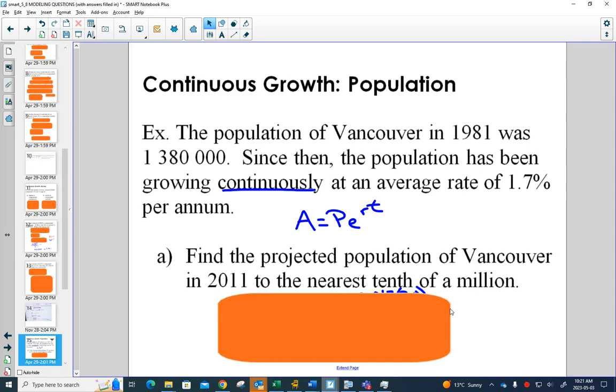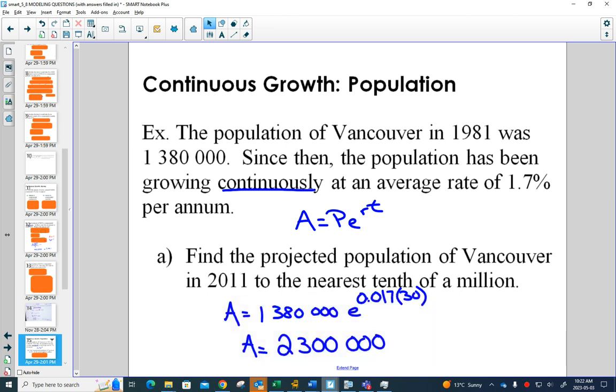Population is slowly increasing right now. People are dying, people are being born, but right now more people are being born than people are dying, so our population is going up. We can use this as a model, and it says the population of Vancouver in 1981 was 1.38 million, and it has been growing continuously at an average rate of 1.7%.